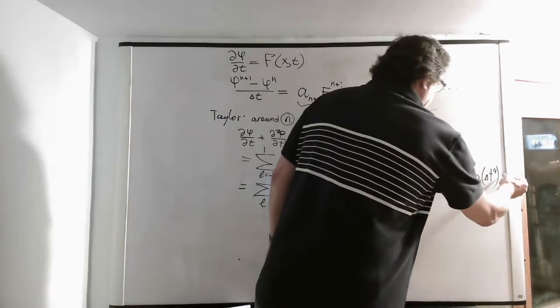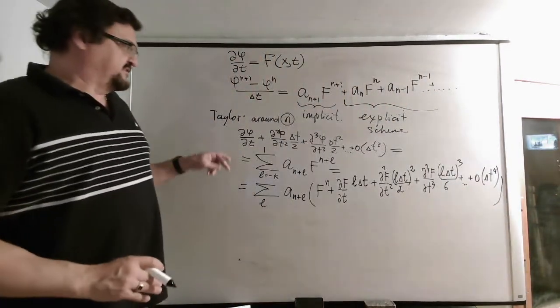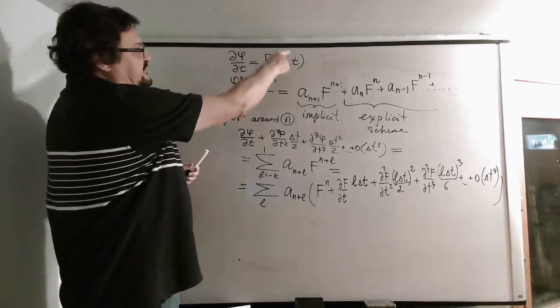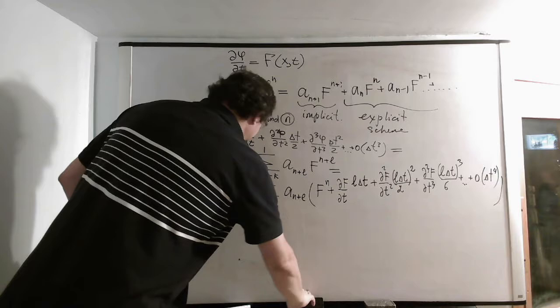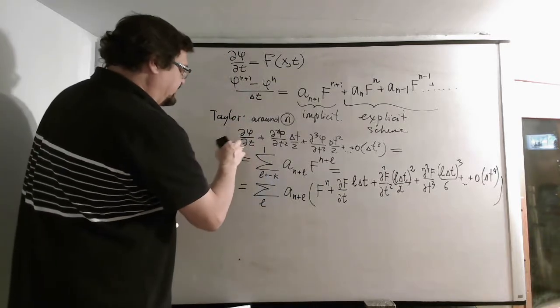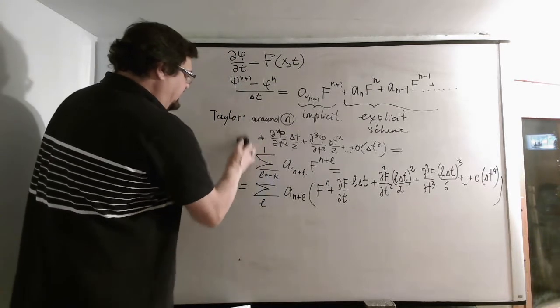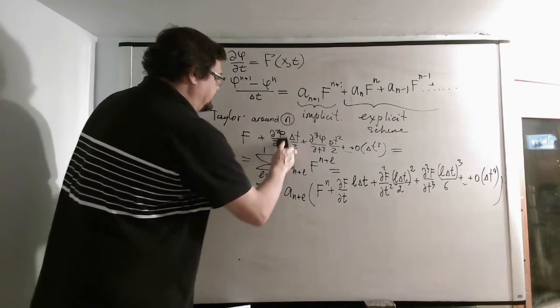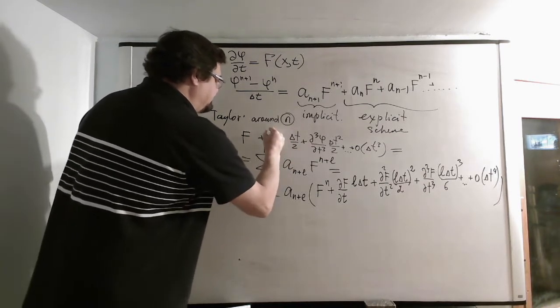So this is the general expression, and now we notice that we can use this equation to replace these derivatives here. So d phi dt becomes f. The second derivative of dt becomes df dt.